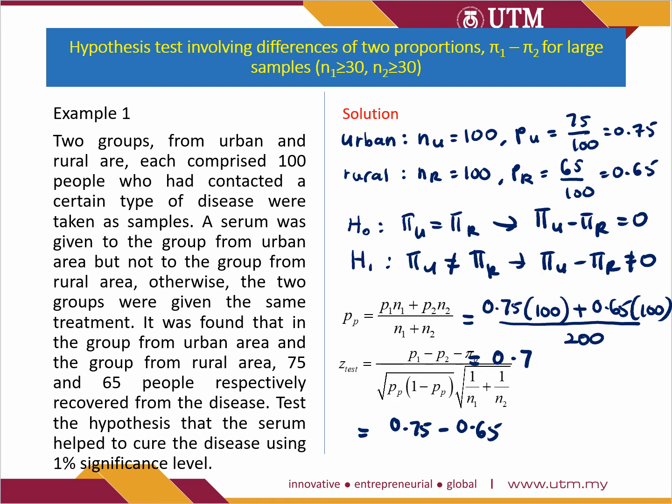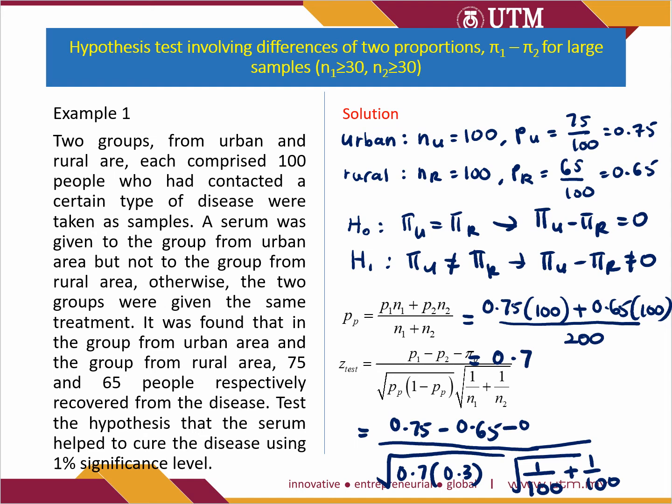So given that the π naught value is equal to 0, over the square root of 0.7 times 1 minus 0.7, which is 0.3, times 1 over 100 plus 1 over 100, which is equal to 1.543. So this is the value of our z-test.